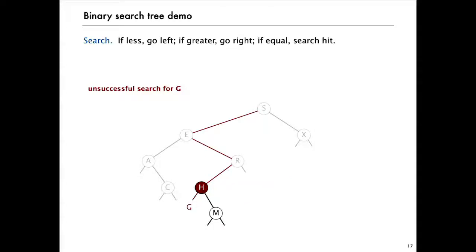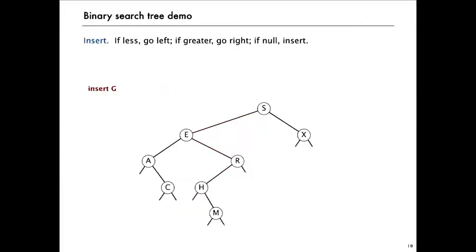And all that says is that there's no place in this tree where G could be, so G is not there. So that's a search miss, and the get operation would return null in that case.